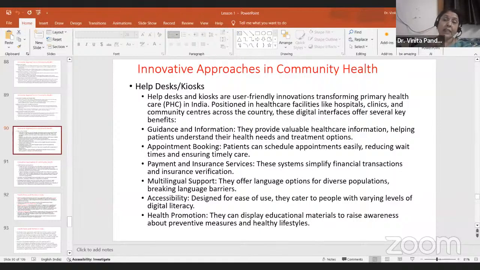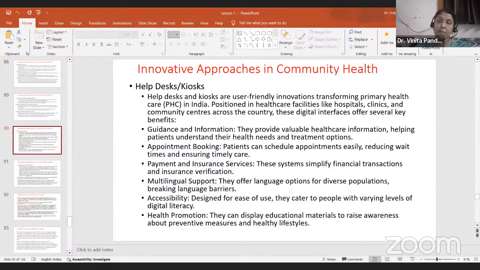In that connection, all kinds of guidance and information are provided. And appointment booking, patients can schedule appointments easily, reducing wait times and ensuring timely care. Payment and insurance services. These systems simplify financial transactions and insurance verification.